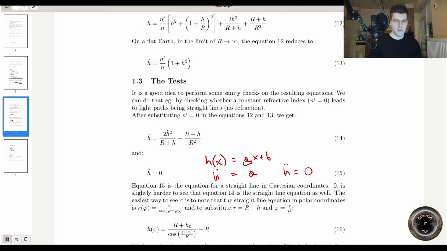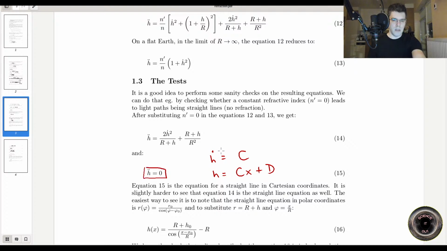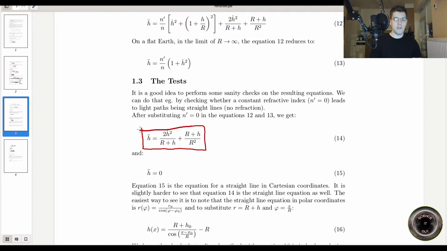If the second derivative is 0, then the first derivative must be constant, because we can just integrate it, so it's some constant c, and then h we can integrate again, and this is c times x plus another constant d, and again we recover the linear function, which means that this actually describes a straight line. So that is good. Does the spherical equation describe a straight line? It's a different equation.